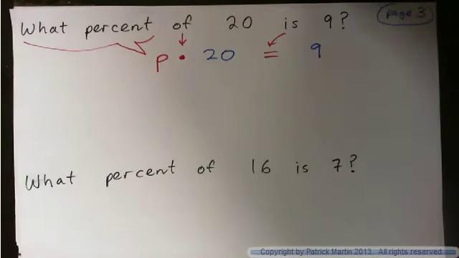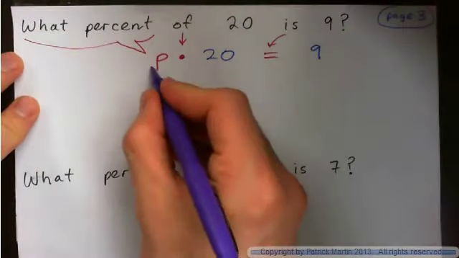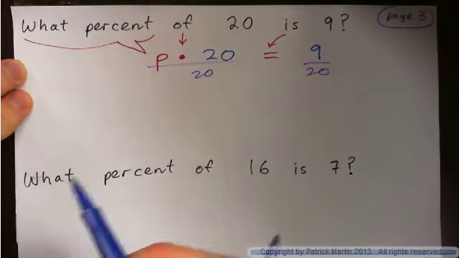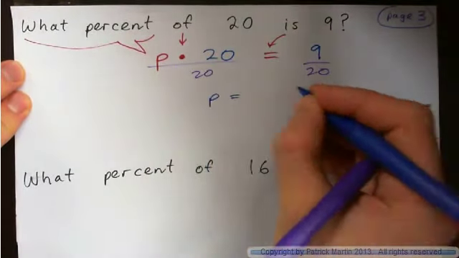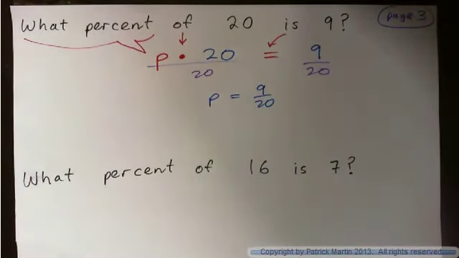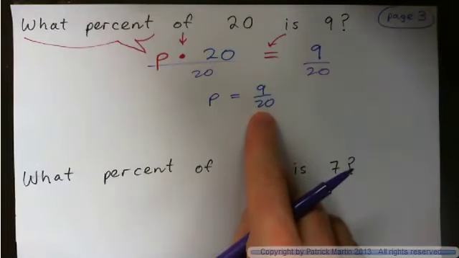And now I need to solve that equation for P, and we did this earlier. If you want to solve for P, P is being multiplied by 20, so you must divide by 20 on both sides. So we find that the percentage P is 9 over 20. And that is the answer. But the answer at the moment is in fraction form.